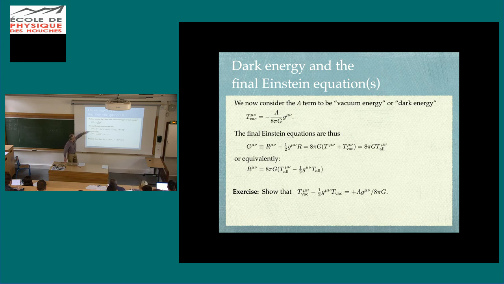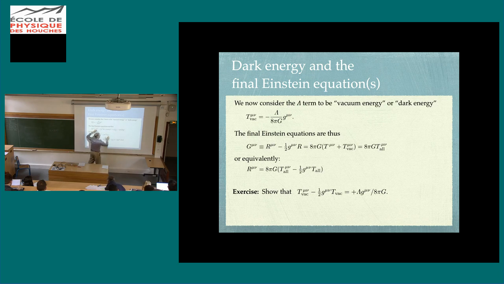And so the Einstein equation can be written as G mu nu is going to be defined to be just this part without the vacuum energy term. And then we move the lambda term over to the other side to be a stress energy of the vacuum, basically. And so here is the full Einstein equation as we now have it. We've determined that this is 8 pi G by comparing with the Newtonian limit, and this is by definition the Einstein tensor.